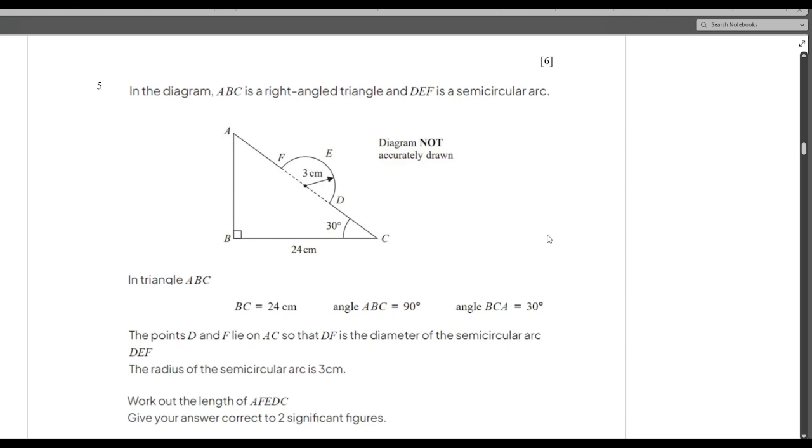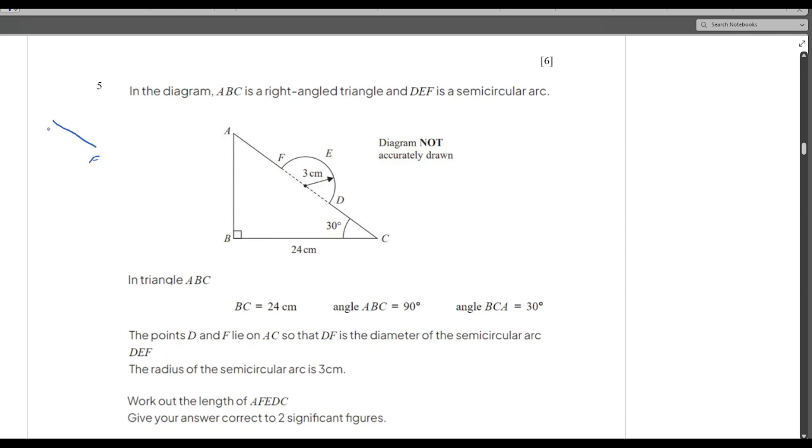The points D and F lie on AC, so that DF is the diameter of the semicircular arc DEF. The radius of the semicircular arc is 3 cm. Work out the length of AFEDC.